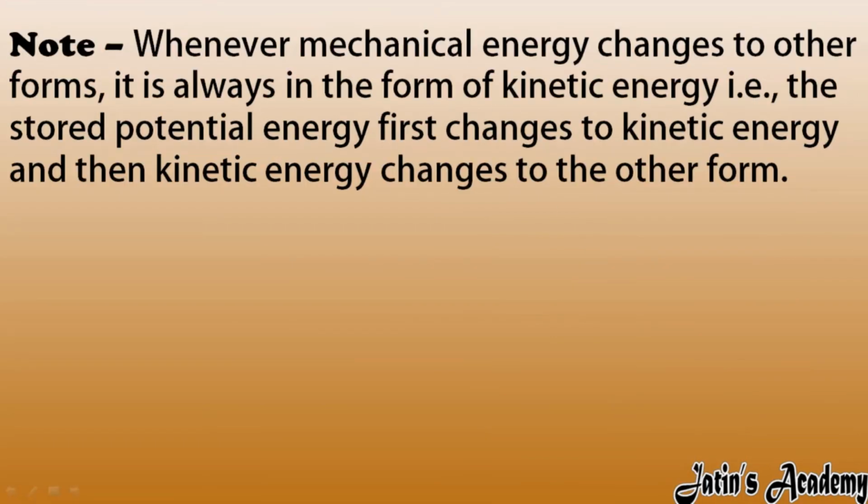We have a note point which states that whenever mechanical energy changes into other forms, it always does so in the form of kinetic energy. That is, the stored potential energy first changes into kinetic energy and then kinetic energy changes into another form. What is the meaning of this? Carefully see.